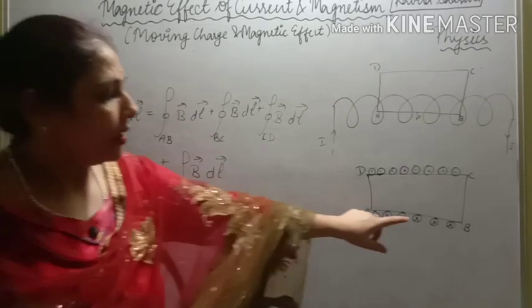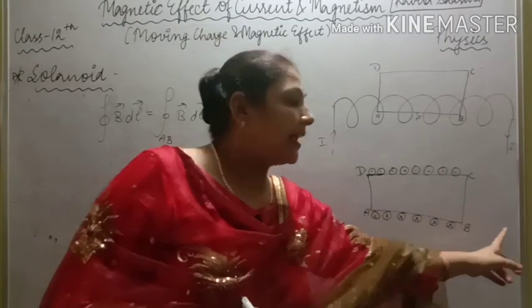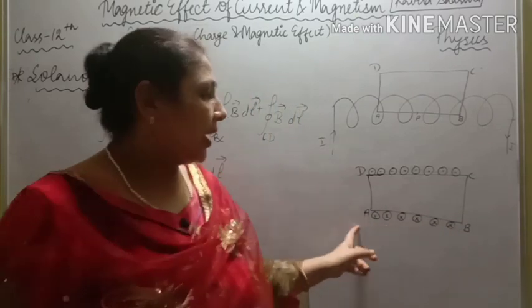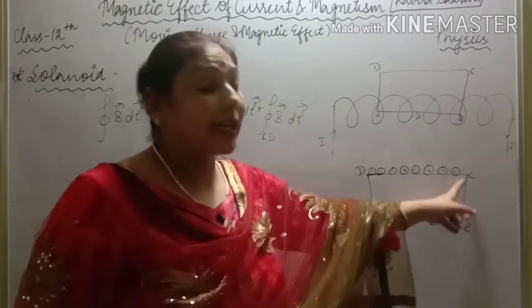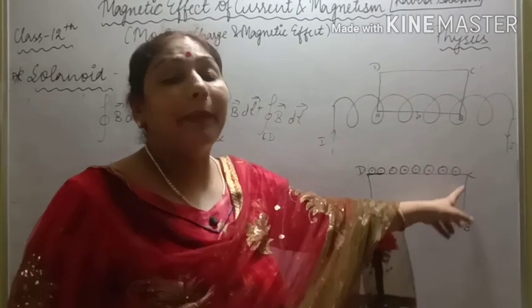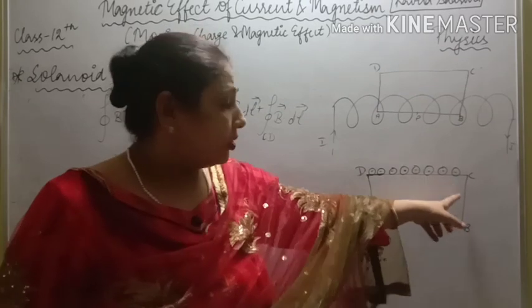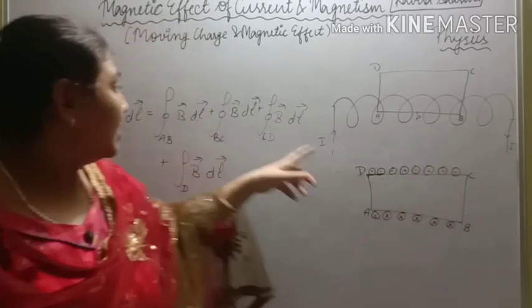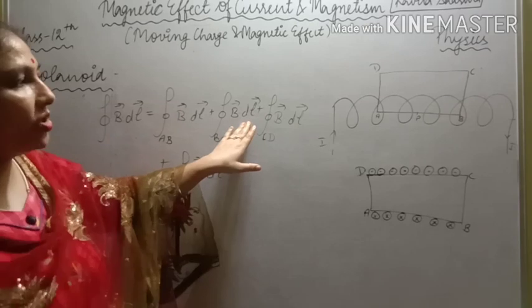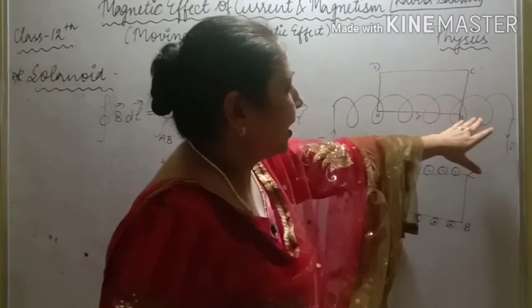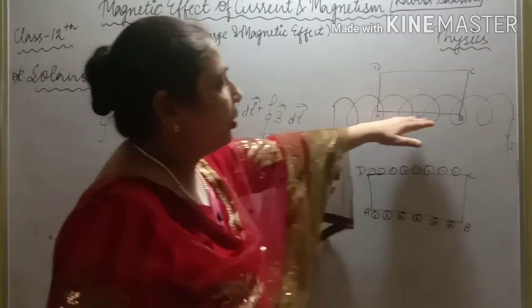Along BC, the direction of B is along this direction, but we have the current element at a right angle to it. The direction of B is always along the axis.